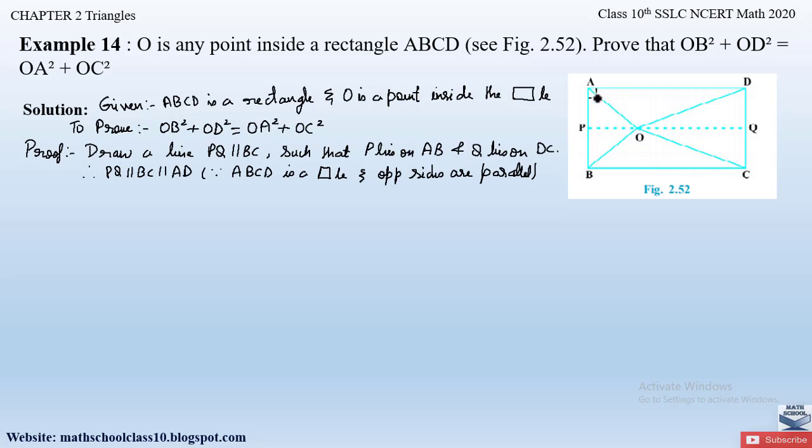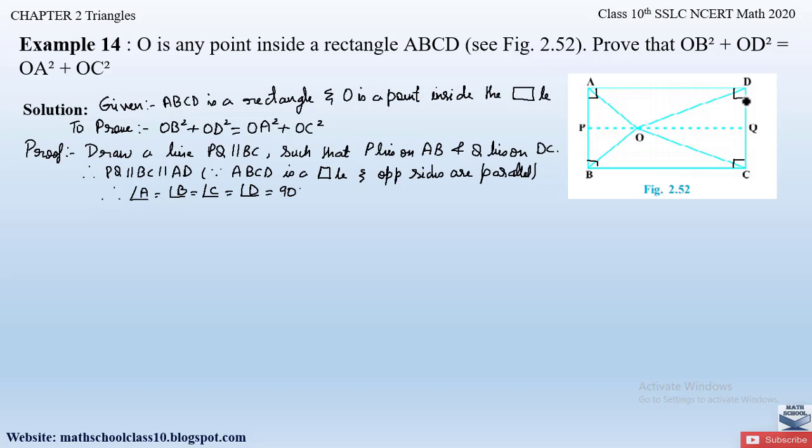All the four angles of this rectangle will be equal to 90 degrees, since it is a rectangle. Therefore, angle A equal to angle B equal to angle C equal to angle D, and that is equal to 90 degrees. And also you can observe that this line drawn PQ is perpendicular to AB, right?